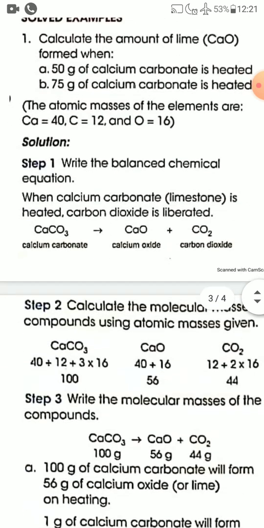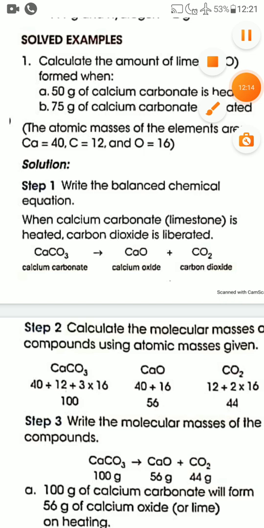Now some solved examples. First example: calculate the amount of lime, that is calcium oxide, CaO, which is also known as lime, formed when A, 50 gram of calcium carbonate is heated, B, 75 gram of calcium carbonate is heated.